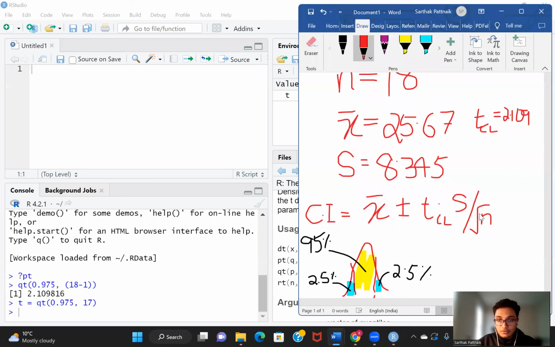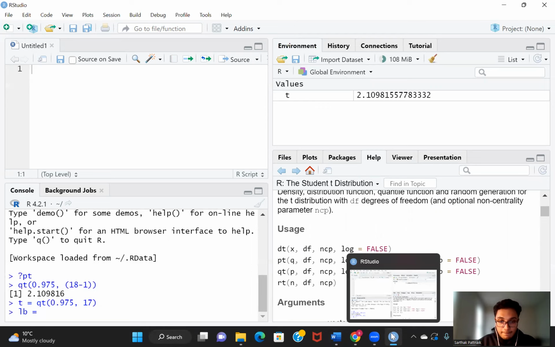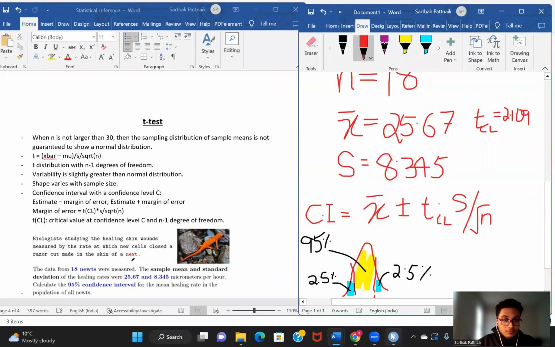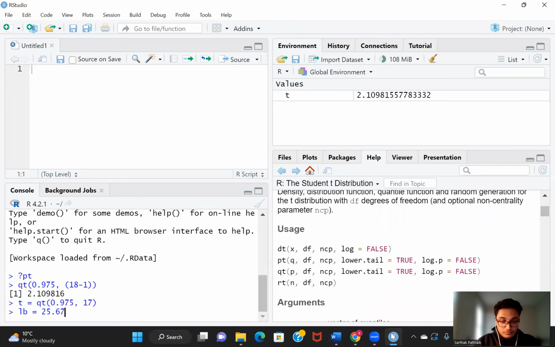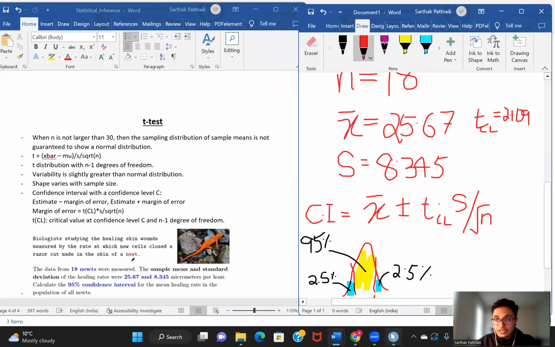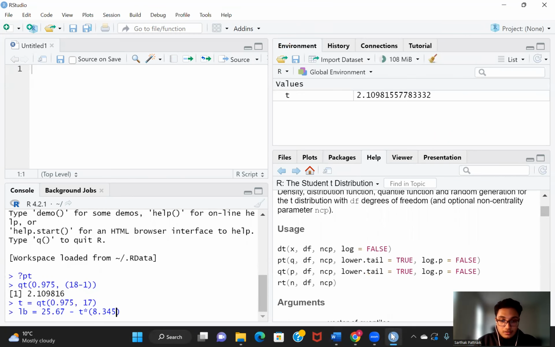Now using this formula, we will calculate our confidence interval, both lower bound and upper bound. So the lower bound is, we have sample mean as 25.67 minus t into standard deviation 8.345 over square root of 18.